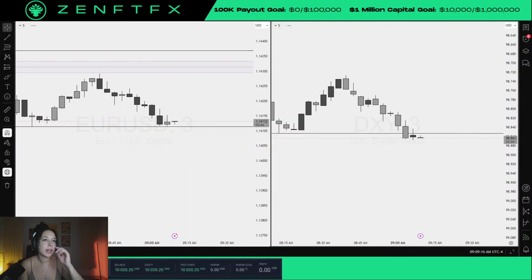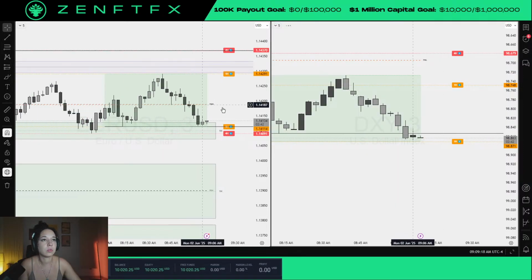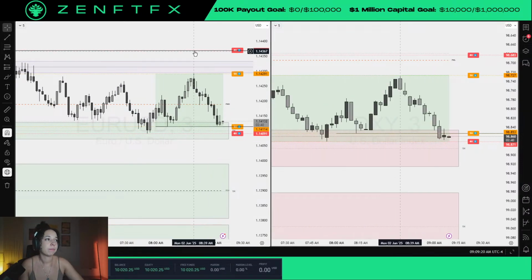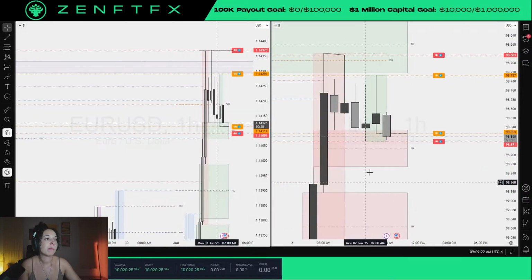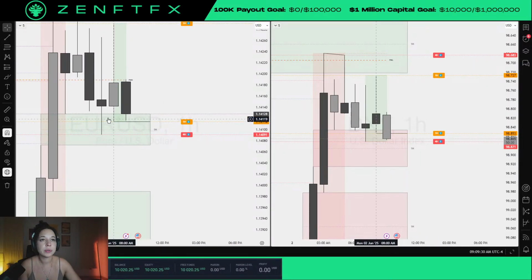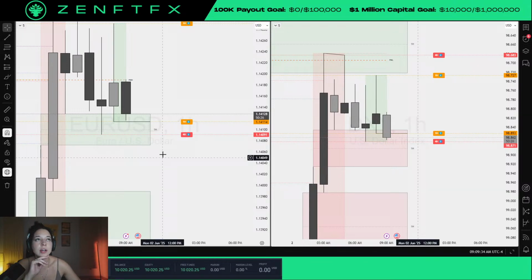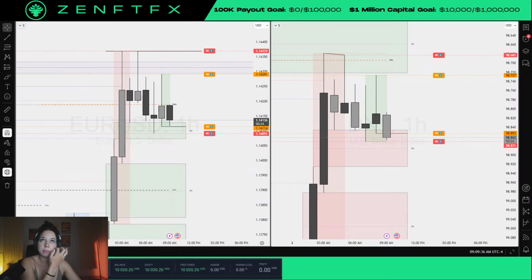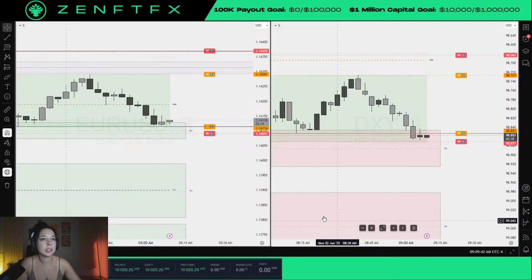The only thing that has me hesitant is this news, but with the dollar also rejecting out of a fair value gap, we're creating a little SMT here. As long as Euro USD hasn't taken out this low, if I get my signal, I think it could be probable for a buy opportunity. So far that SMT is holding.